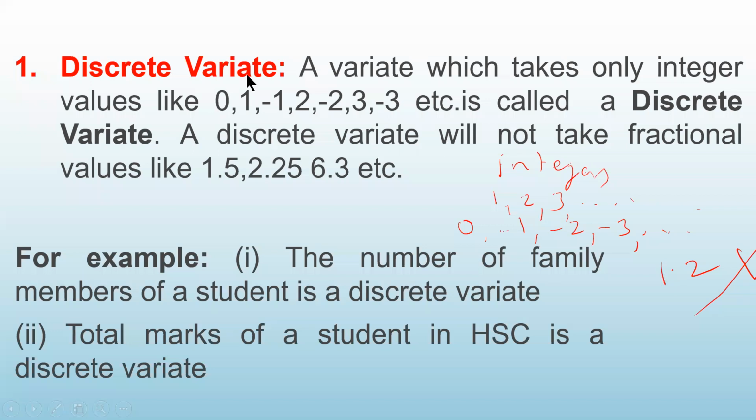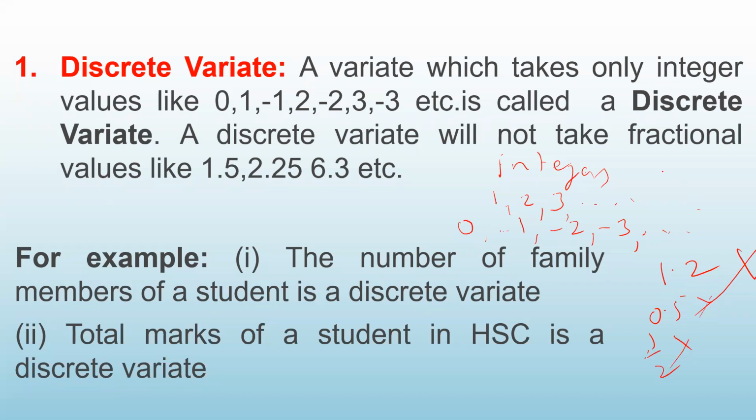तो discrete variate क्या है? Discrete variate वो variate होता है जो केवल integer values ही लेता है, यानी कि decimal नहीं होना चाहिए. इसलिए मैंने यहाँ लिखा है a discrete variate will not take fractional values. So 1.2 or 0.5 or 1/2, they are not.